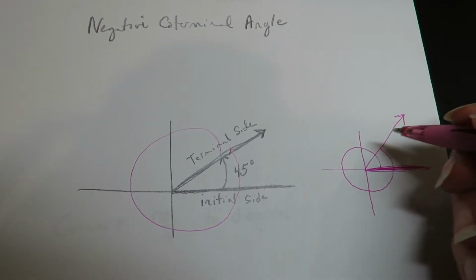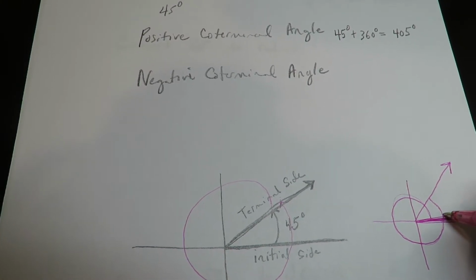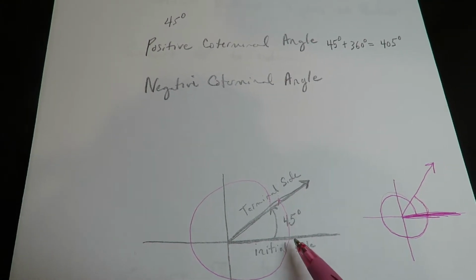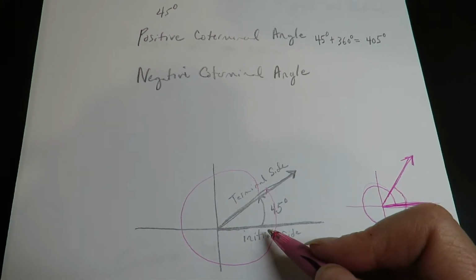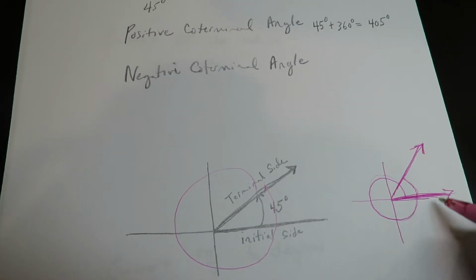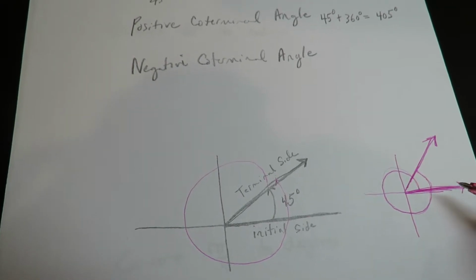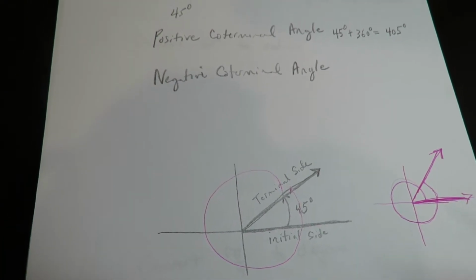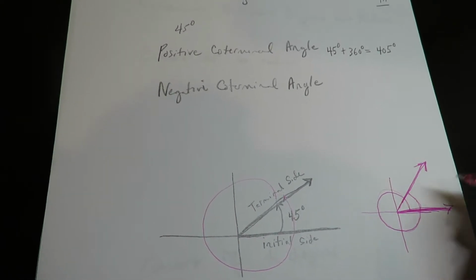And if you notice, in both the graphs, the initial and terminal sides are the same, so they're indeed coterminal. Now I could go around the circle again, another 360 degrees, and that would also be coterminal. So again, you could just keep wrapping and wrapping all day long.